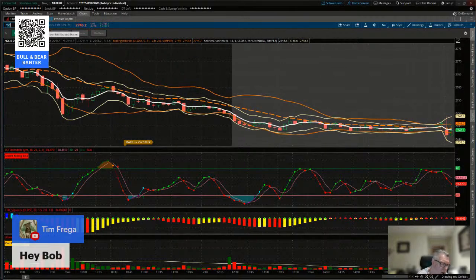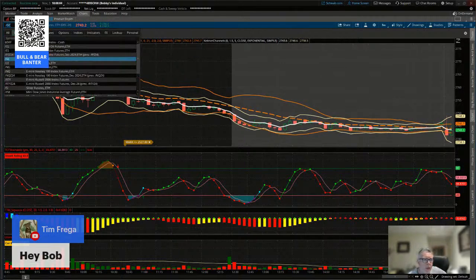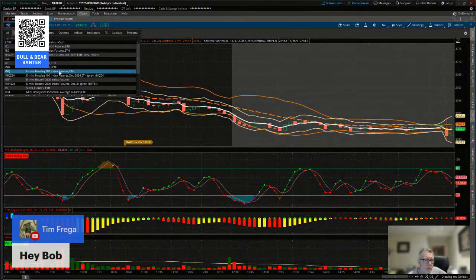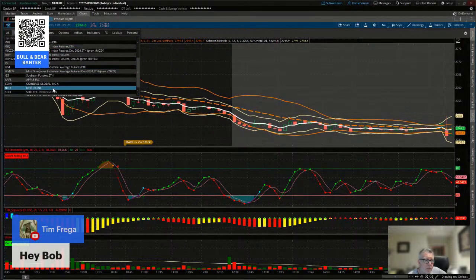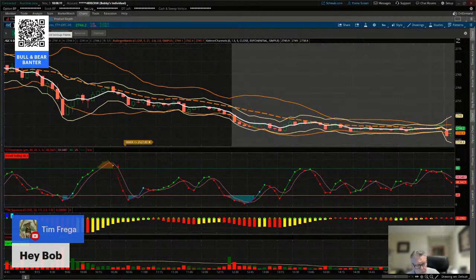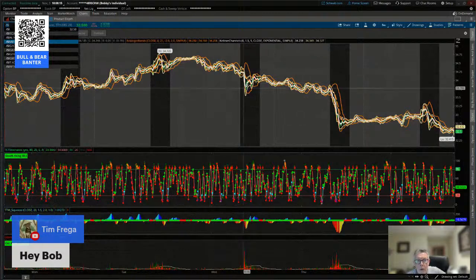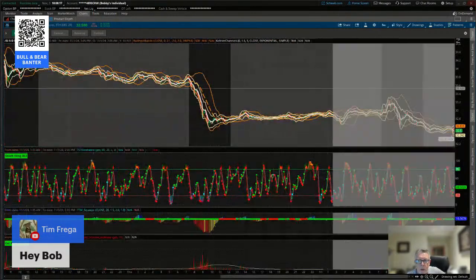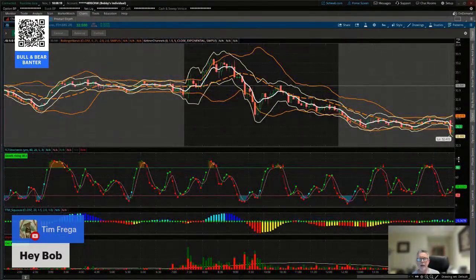Let's take a look at silver. Silver gapping down as well. It's far more volatile than gold, gapping down over a half percentage point. They're trying to reverse it.